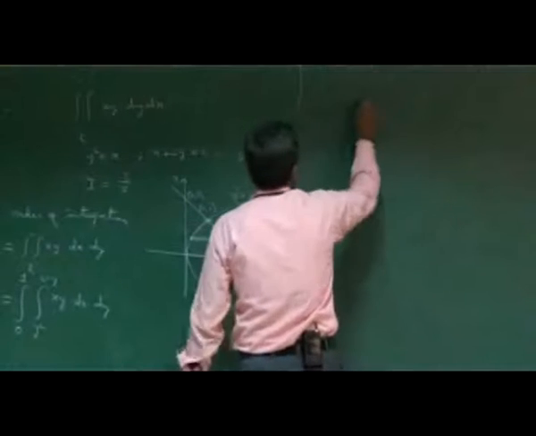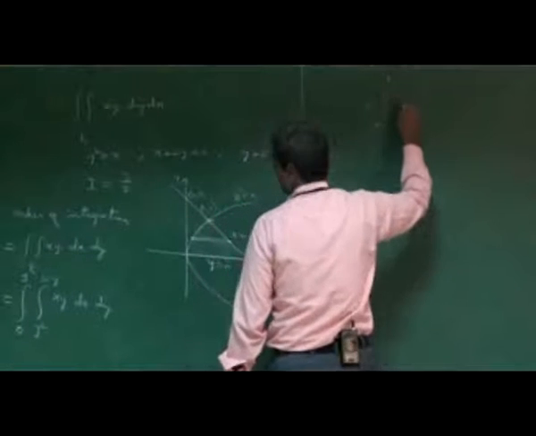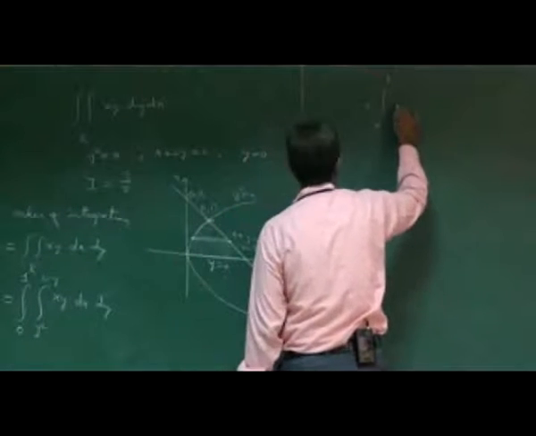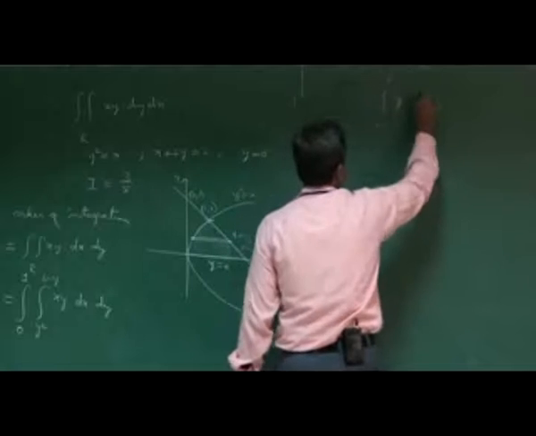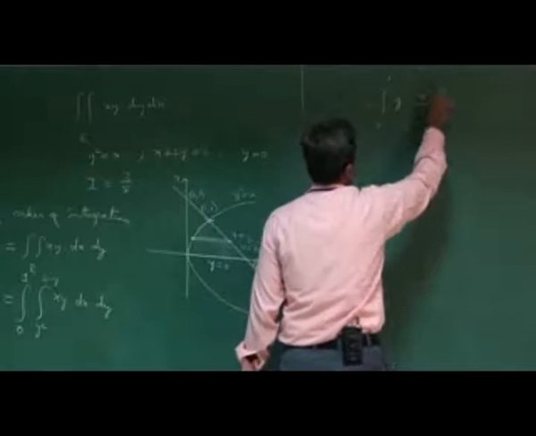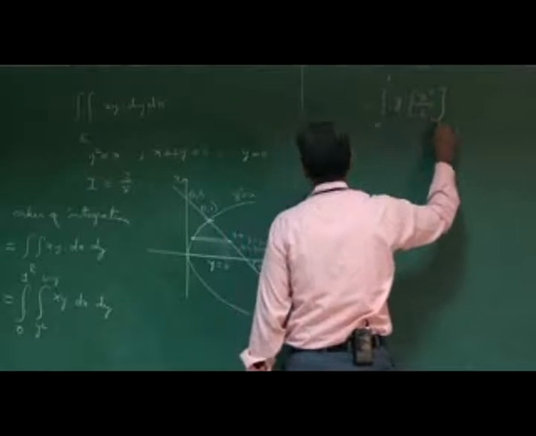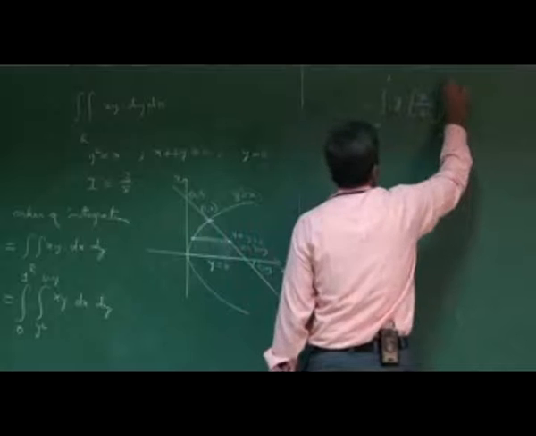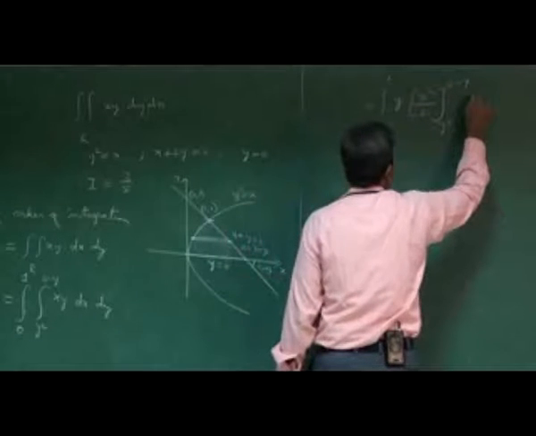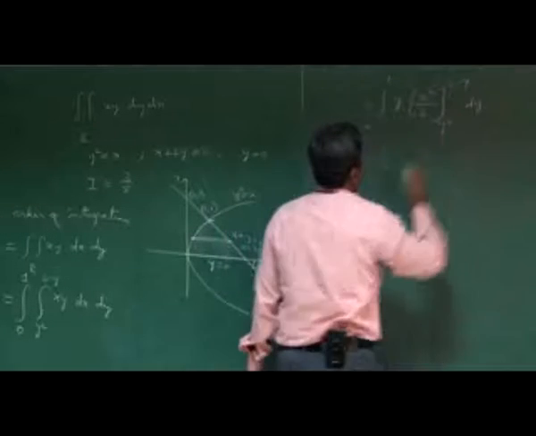That is equal to the integral from 0 to 1. In the first integration with respect to x, y is treated as a constant, and x integrates to x squared divided by 2, with limits from y squared to 2 minus y, times dy.